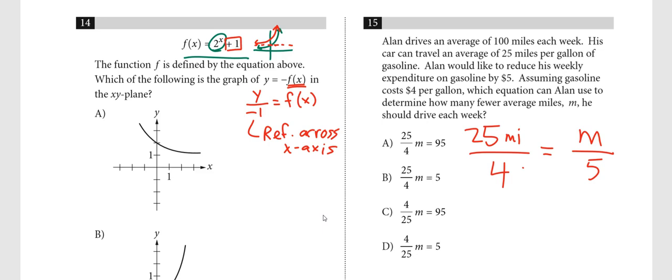Okay. Multiply by M on the other side. Which one of the answer choices has the same exact cross product? I hope that you can get rid of these in your mind.